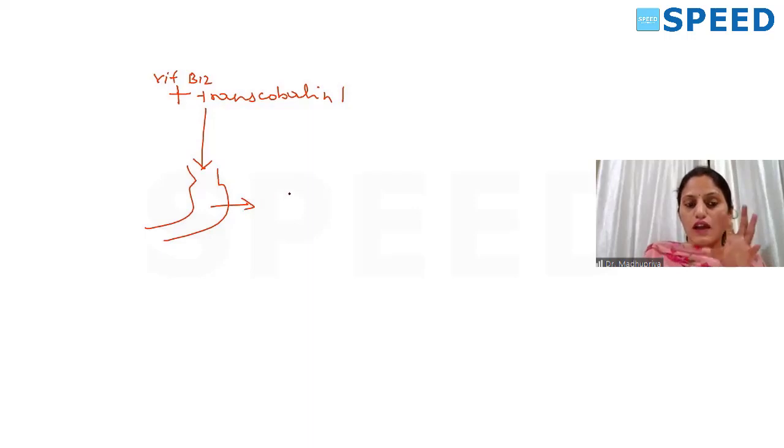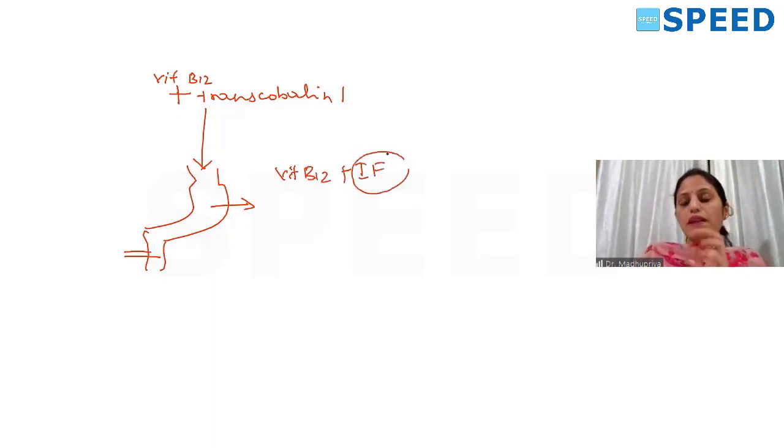Then it enters the stomach, and in the stomach and the first part of the duodenum, pancreatic proteinase splits it, okay? And then the free vitamin B12 combines with intrinsic factor, which is produced by the parietal cells. That is why intrinsic factor plays an important role in pernicious anemia.